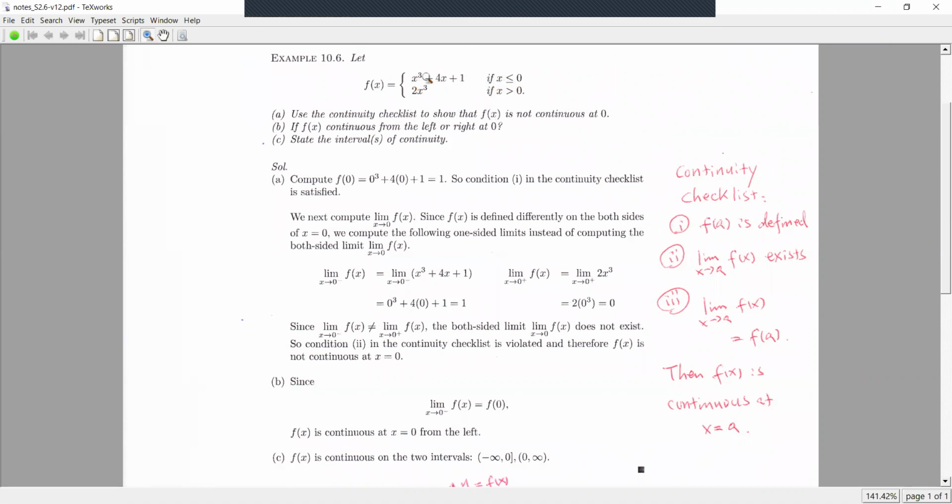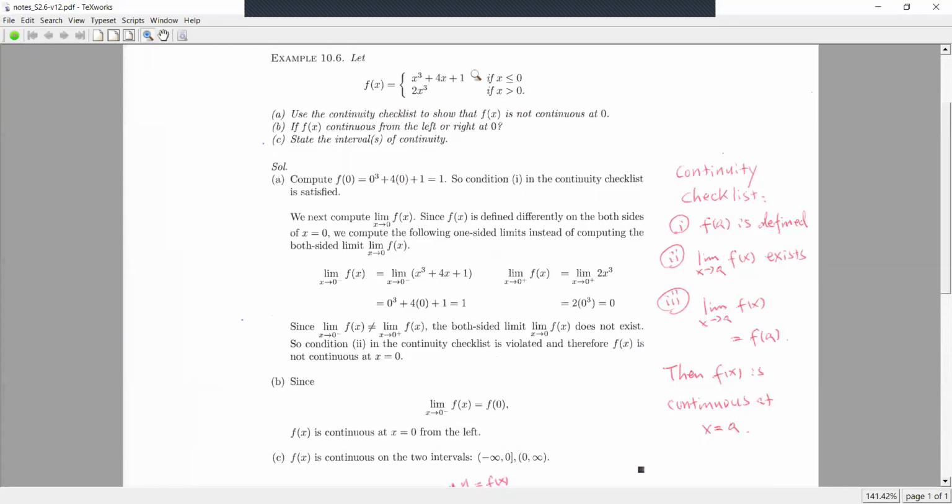So the function value at 0 is plugging 0 into this polynomial, and we get 1. Therefore, condition 1 in the checklist is satisfied. Now I check the second condition, whether or not the both-sided limit at 0 exists.